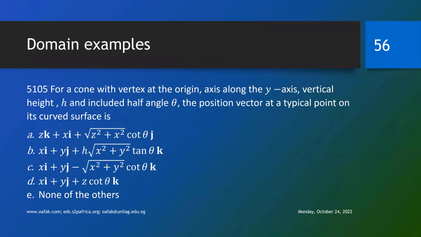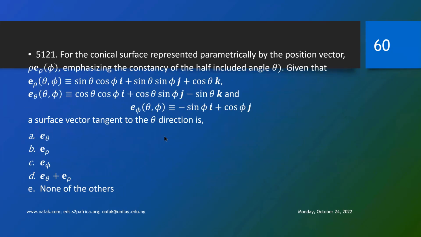That's why, at the beginning of the question, I said for the conical surface represented parametrically by the position vector, emphasizing the constancy of the included angle. For the conical surface, that is where it is constant.